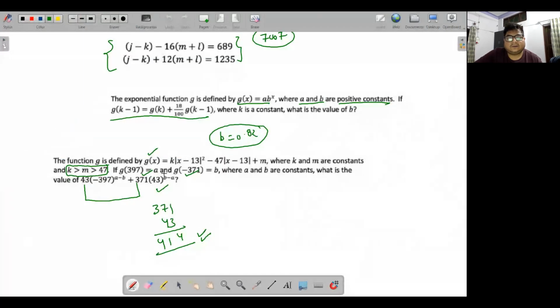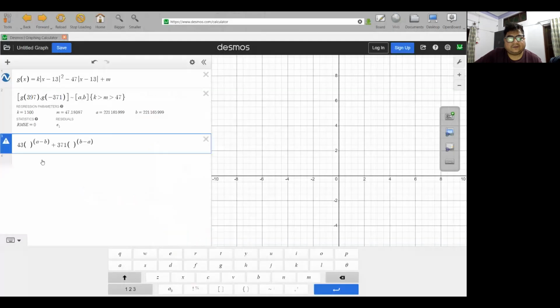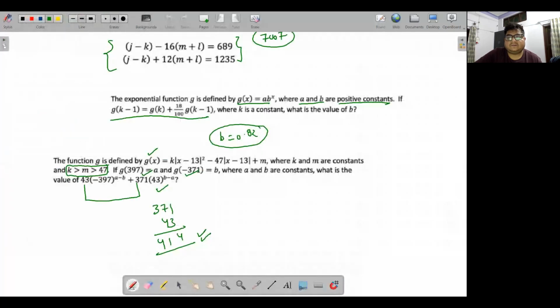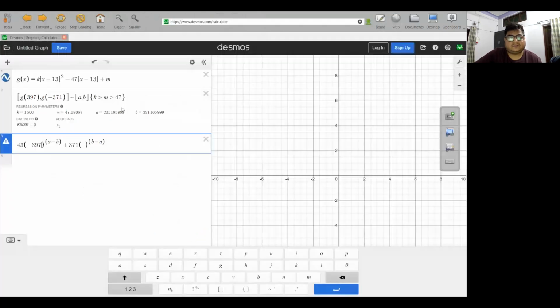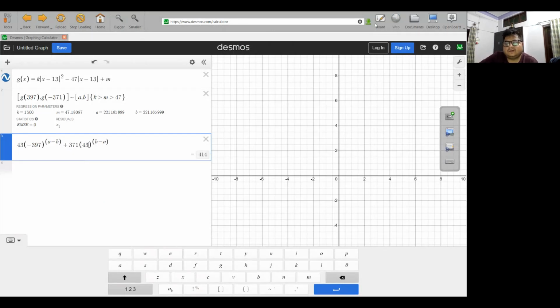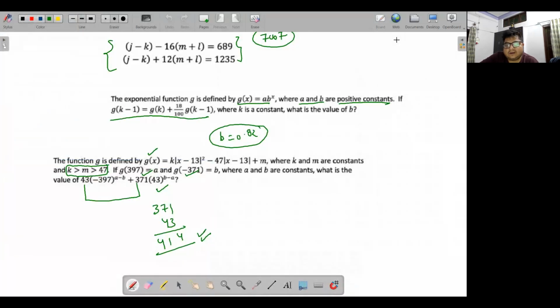And here you can see minus 397. We need to write here minus 397. And in the next one, we have to write 43. So you can write 43 here. And see, you will get the answer. So 414. Even without using the Desmos tool, I just add these two numbers 43 and 371, which give you 414. That will be the answer for this question.